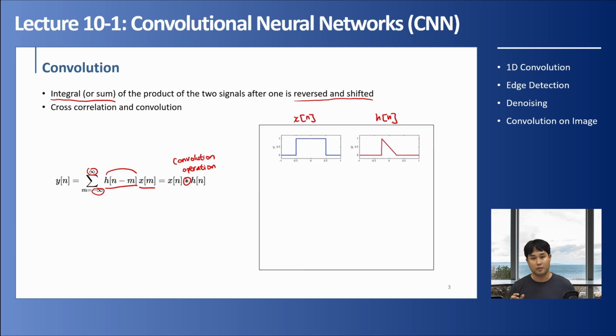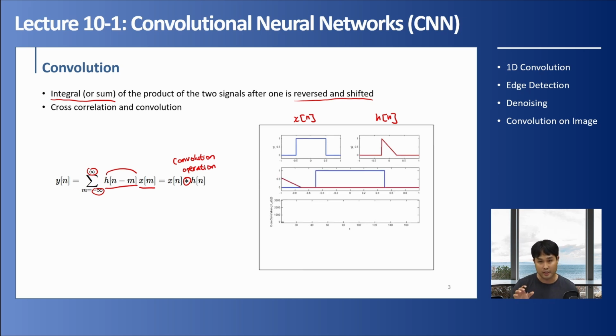And looking at the cross-correlation case first, in this case, we're not reversing the second signal, h of n, but rather using its original version. So again, we're taking the sum of the element-wise product, and this signal represents the output, or the cross-correlation.